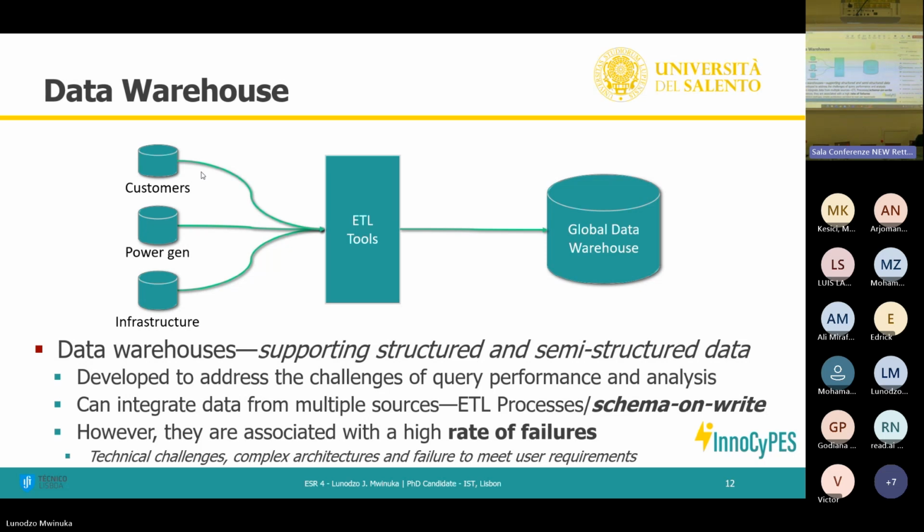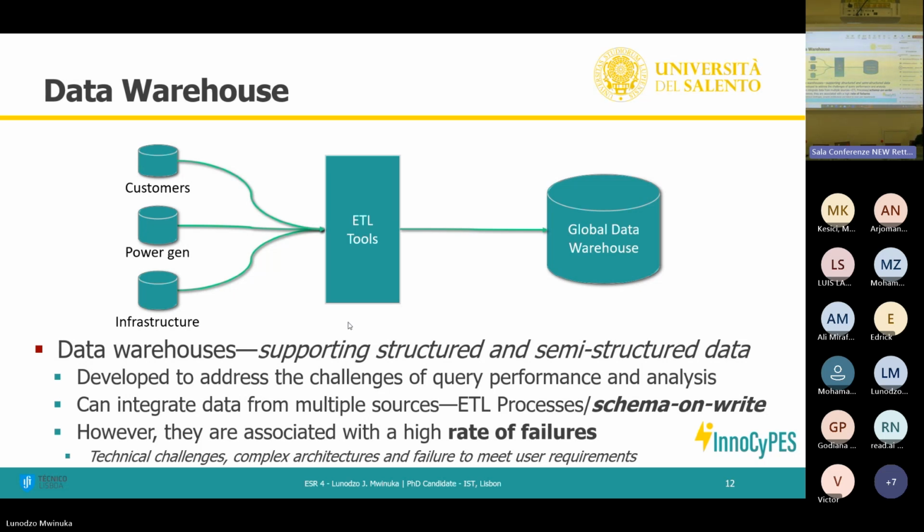So it can go there, you can store it, and you can do analysis. But remember, we still have the predefined schema that we need to follow. So a data warehouse, yes, can accommodate several sources, but there are also some limitations. You always need to consider a schema as you write your data. This may lead us into several failures.